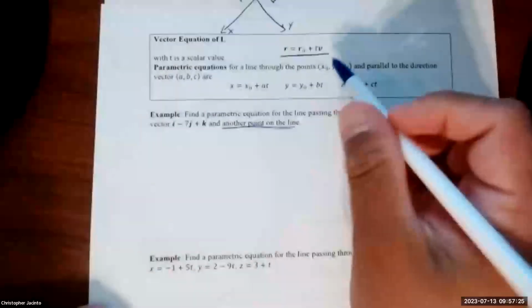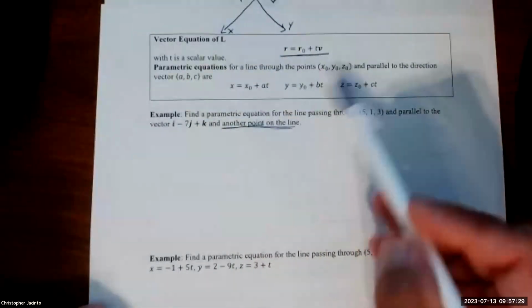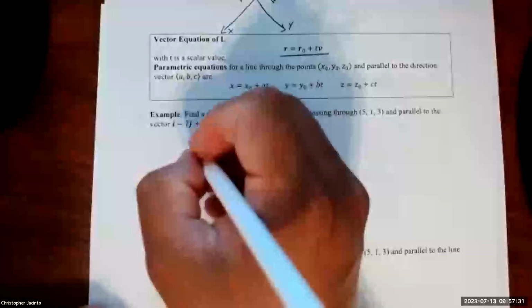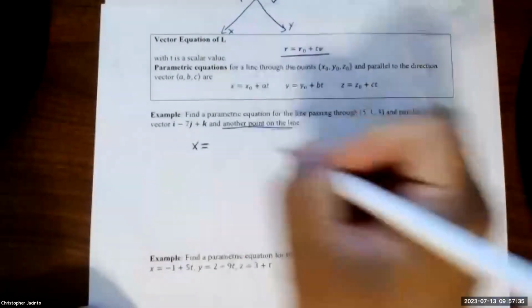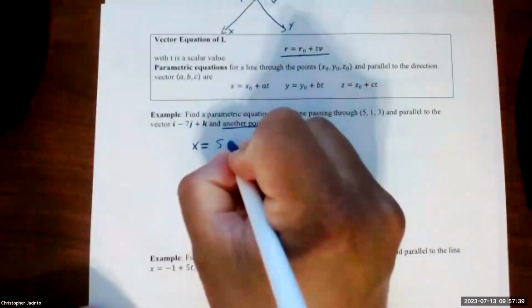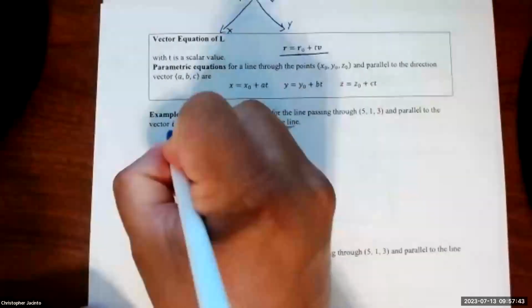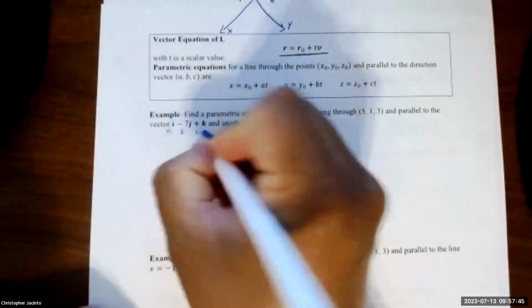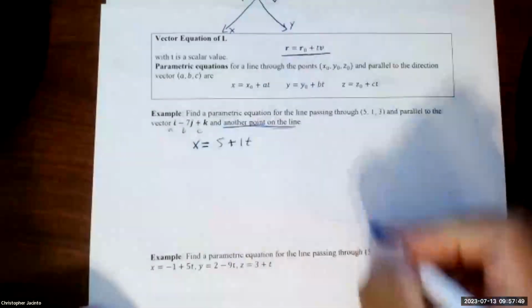So this is our vector. That's going to be our AB itself. And then our initial point is going to be that one there. So therefore x equals, the x component is equal to the initial x, so 5 plus, and we go to the vector. Remember, this is A, B, and C respectively. So this is going to be 1t.